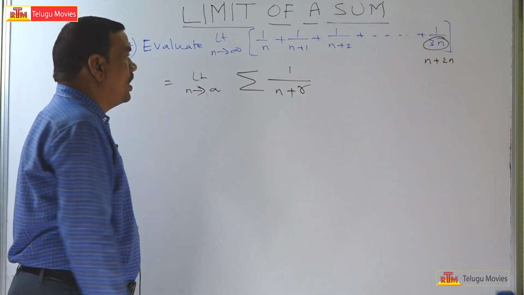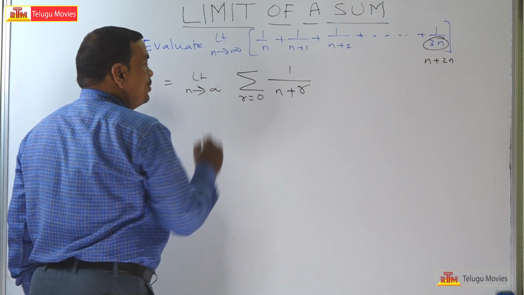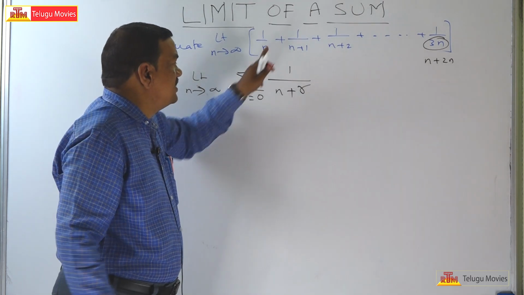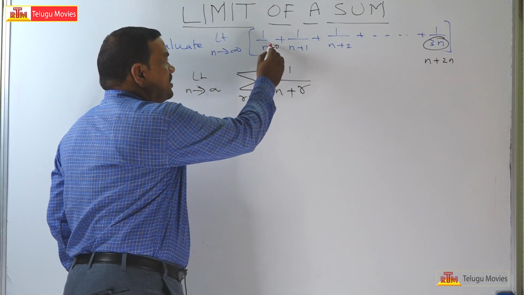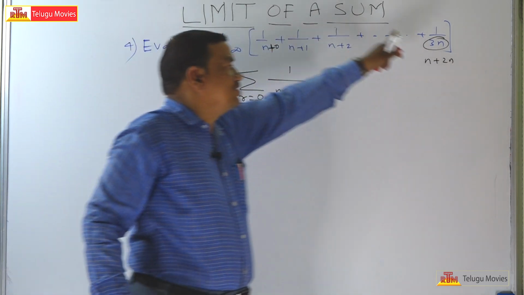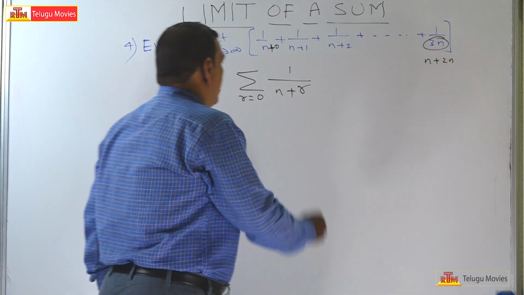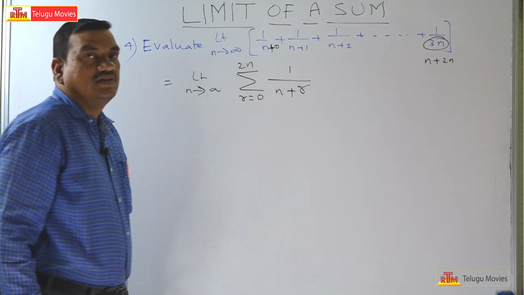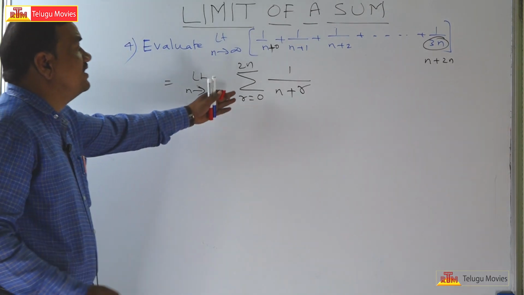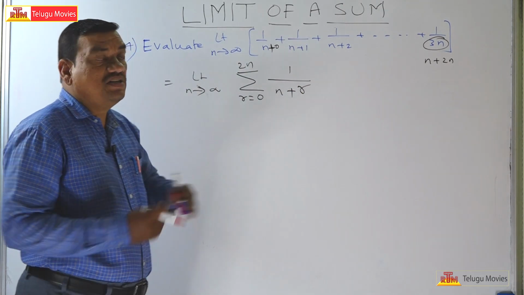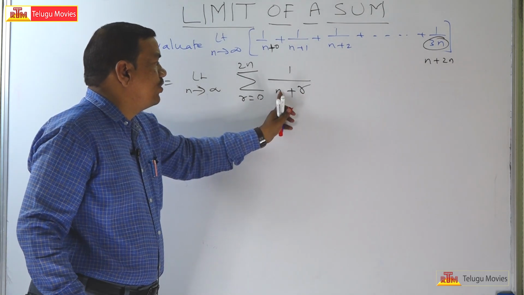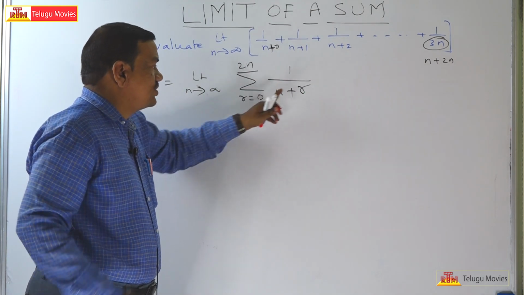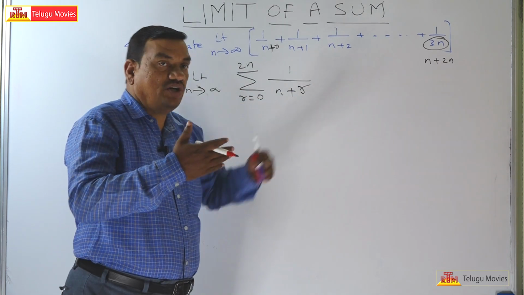Understand this? Now r runs from 0 to 2n, because here n plus 0 is the first term and the last term is 2n. So this is your sigma notation. If you expand this sigma, you will get these terms only. Sigma means summation. Put r equal to 0, n plus 0, that is n; next 1, n plus 1; next n plus 2, in the denominator.